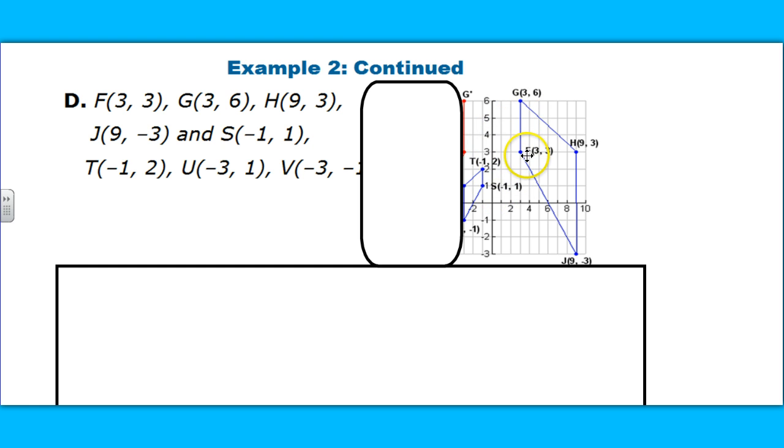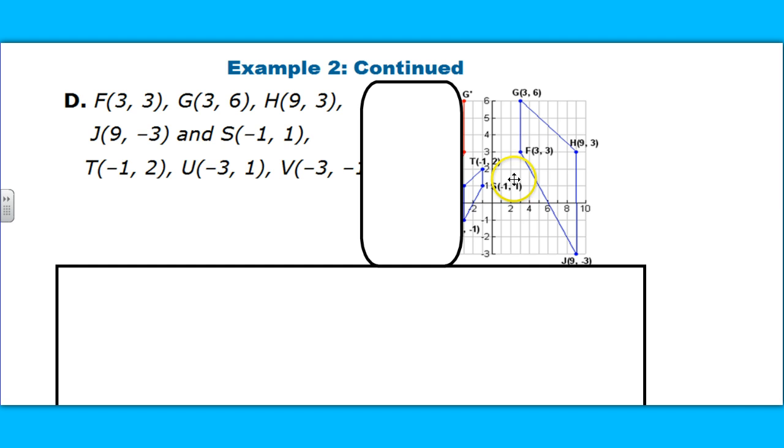Let's check out G to F. We have 3 to what appears to be TS, which is 1. 3 to 1. If we go from H to J, we have, what, 6? And on this side we have 2. So 3 to 1 does equal 6 to 2.